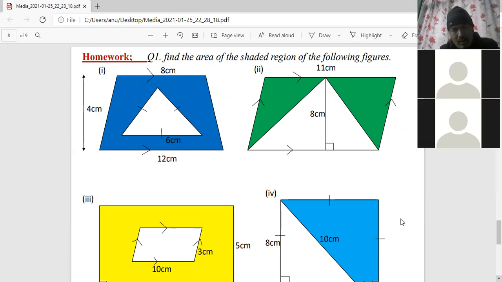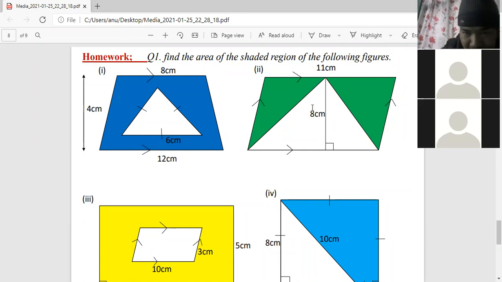No, sir. I am again telling. What is the base? Can you tell? Opposite sides are equal. 11 centimeter. Yeah, base is 11. Can you find the area of this big figure A1, that is parallelogram? Base into height. Height is 8, base 11. That's suppose A1. For the triangle, area of triangle is what?